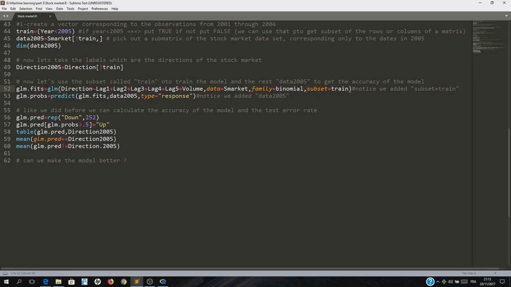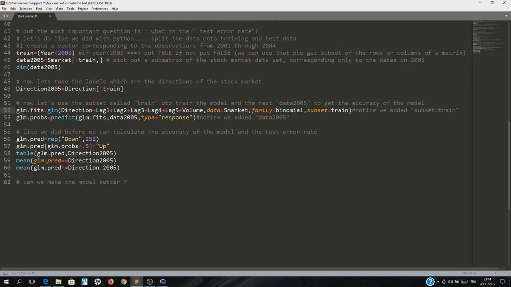This is one of the great things and the easiest things about R. It's always providing really easy solutions for our problems. So you just define one parameter, subset equals train, and that's it. You just specify which subset, and it uses that subset for the training.